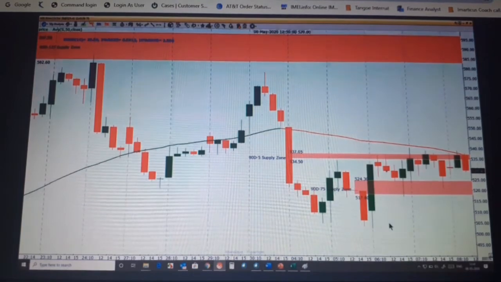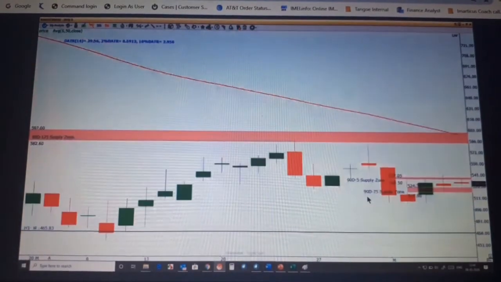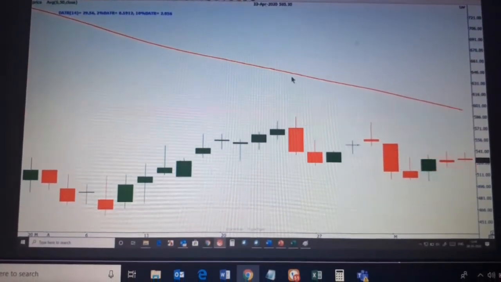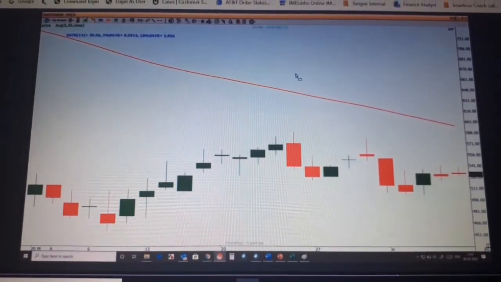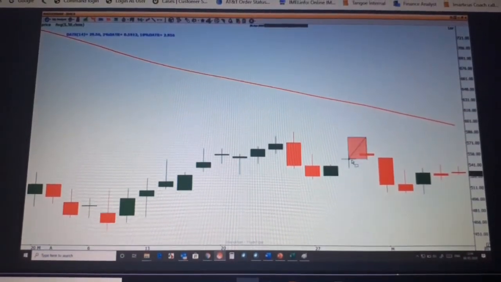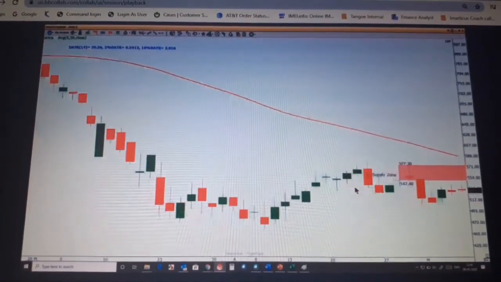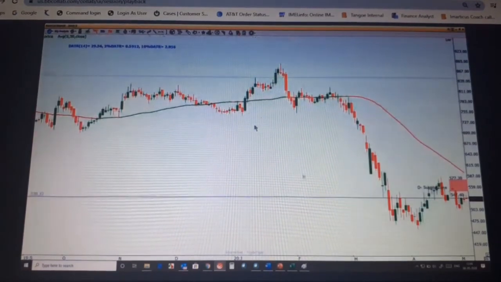So let's go here on the daily chart first and mark my supply zone. This is your rally base drop. I'm marking my supply over here and let's mark the demand. The demand is too far away right now.